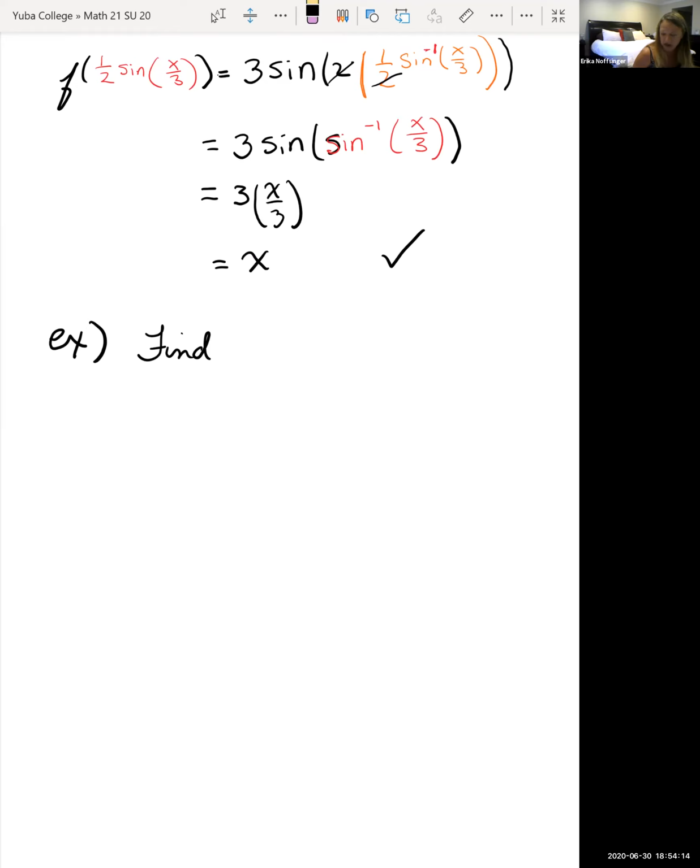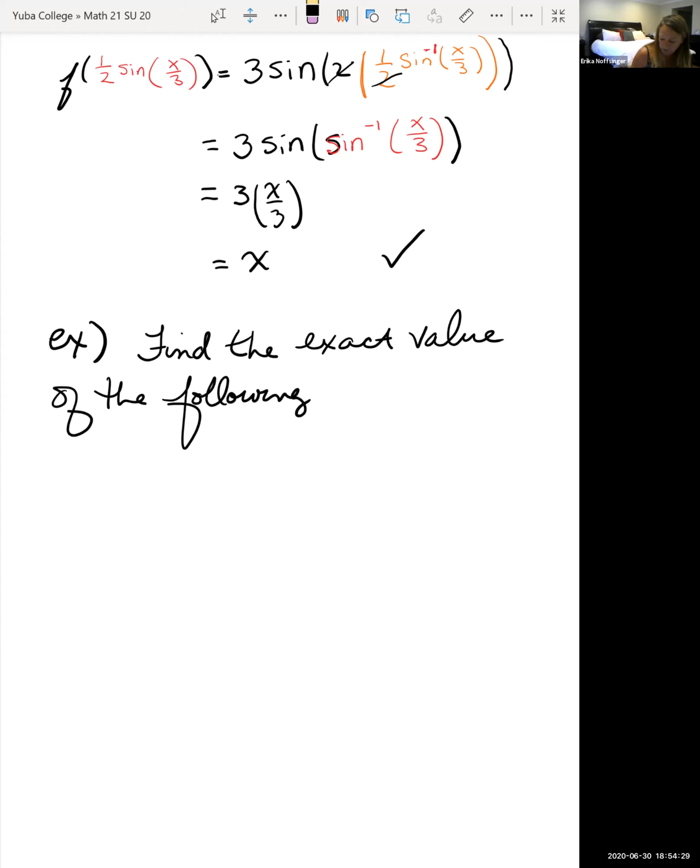So you're given equations and you're asked to find the exact value of the following. Let's say you had 2 cosine inverse of x equals pi.